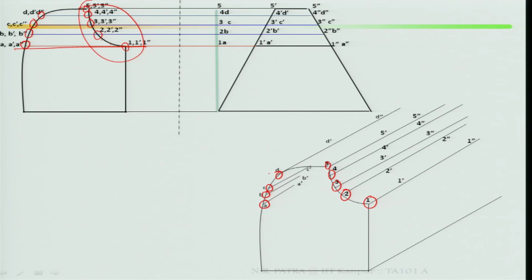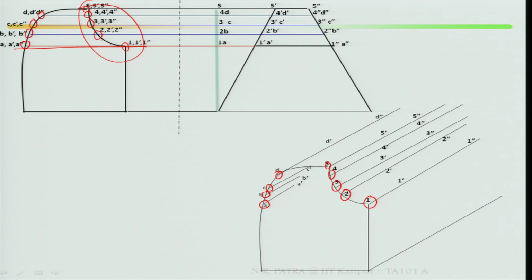How do you get A, B, C and D? From here you can mark your points, how far it is there. Then front view or front face, you can finish it A, B, C, D, 1, 2, 3, 4, 5. From here to here you can join it, by arc or you can join it simply.